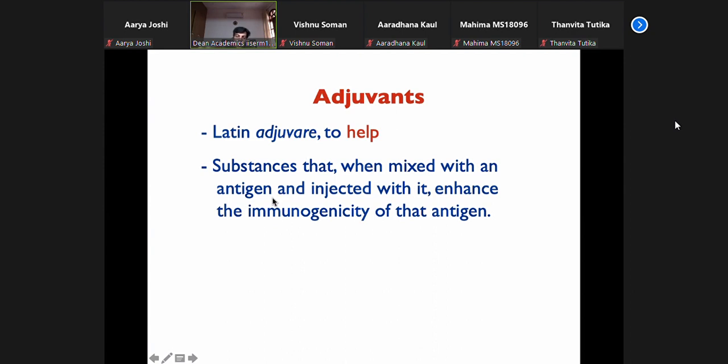It's not like you inject the adjuvant at one place in the skin and the antigen at another place; nothing is going to happen. The adjuvant has to be first mixed with the antigen, and then this mix needs to be injected if you want to generate a good immune response.